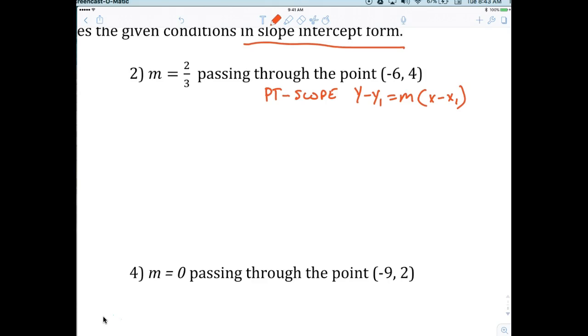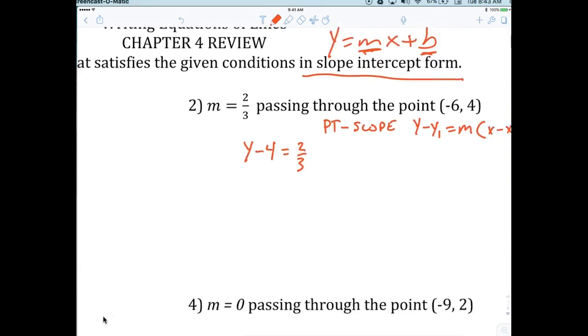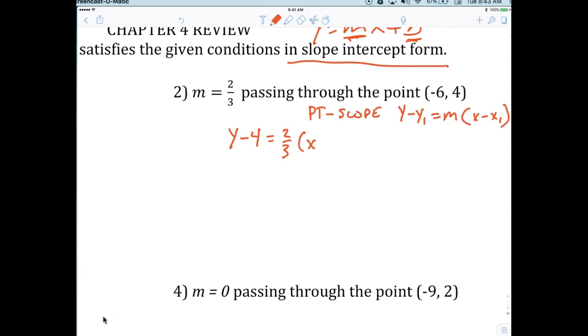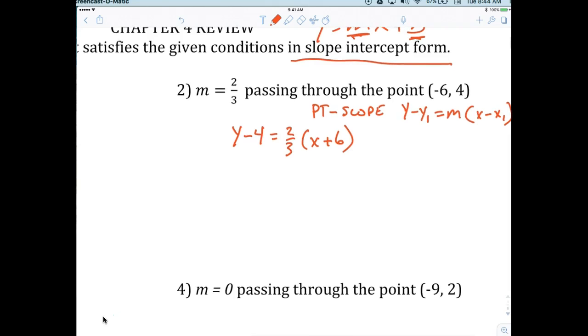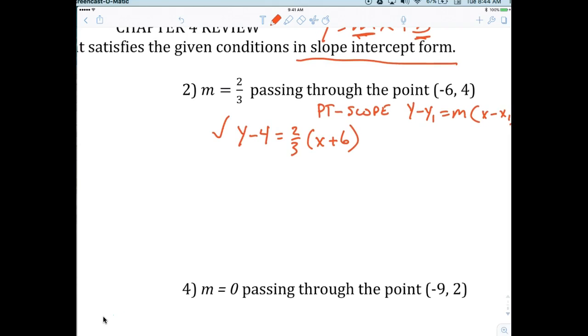Do you agree? Okay. So here we go. It would be y minus 4 equals 2/3 times x plus. Very good. Now, if you got that, you're honestly in pretty good shape.